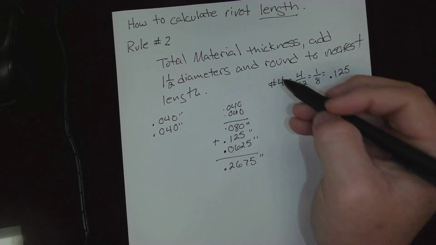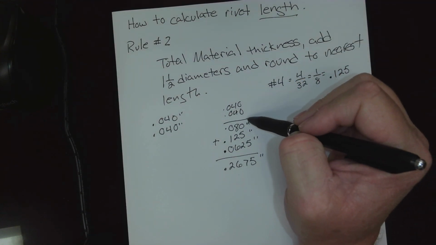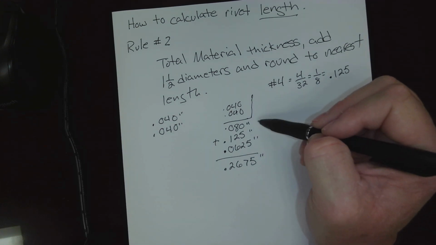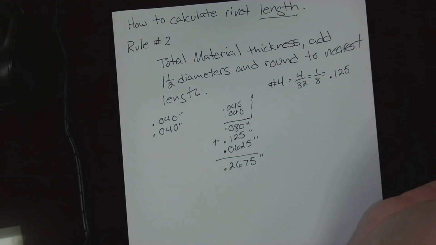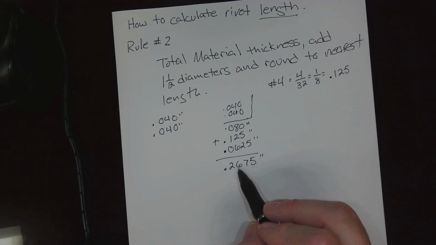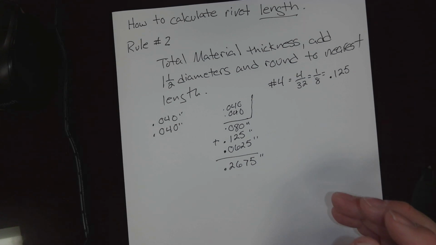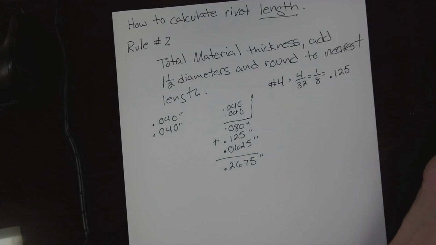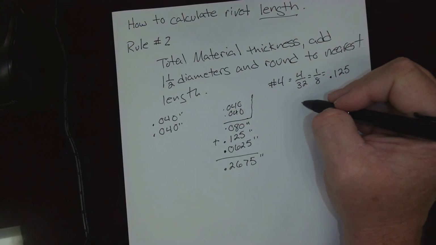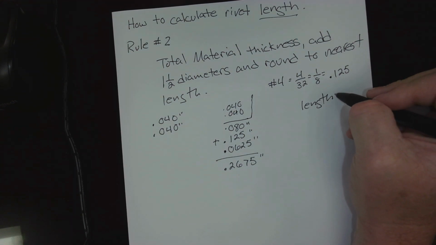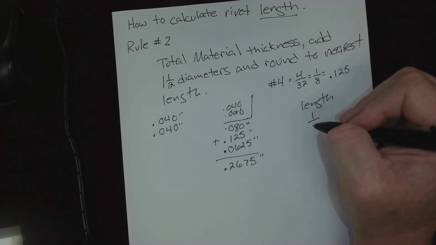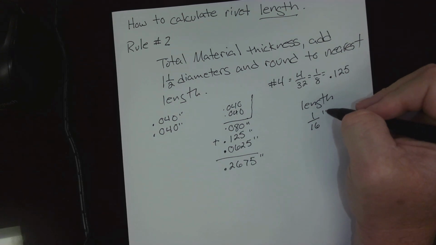Now, that would be our total stack up plus 1 1/2 diameter. To get our total, we would need to round to our nearest fraction, or our nearest rivet length. Well, in this case, we're seeking the length, and remember from previous videos, the length is always going to be in 1/16 of an inch.